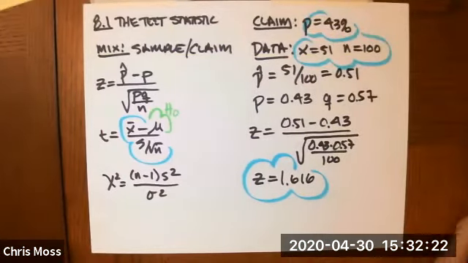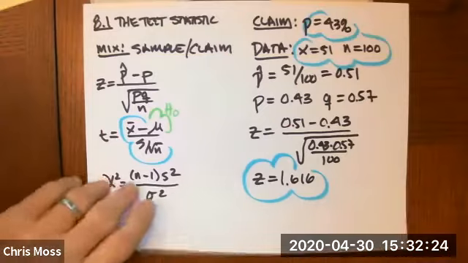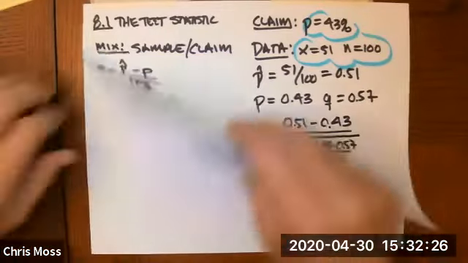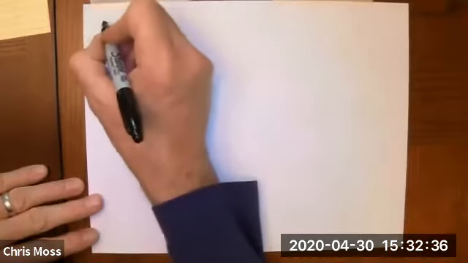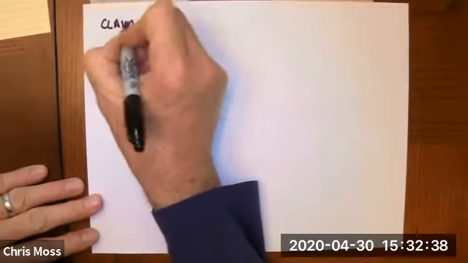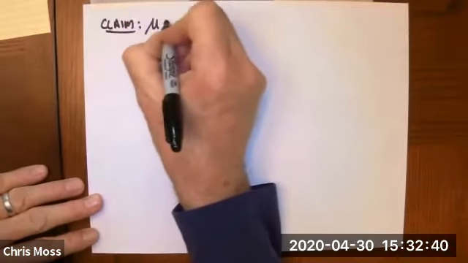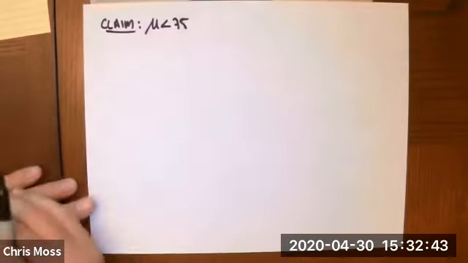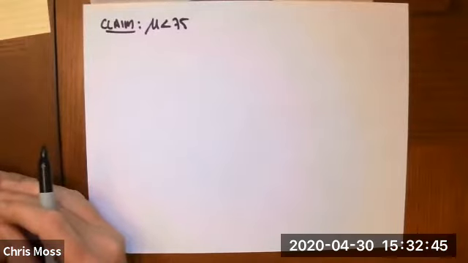All right, let me run through a second example. This one will be a claim about a population mean. So now I have a claim that the mean, whatever it might be, is less than 75. I'm not sure what we're measuring.